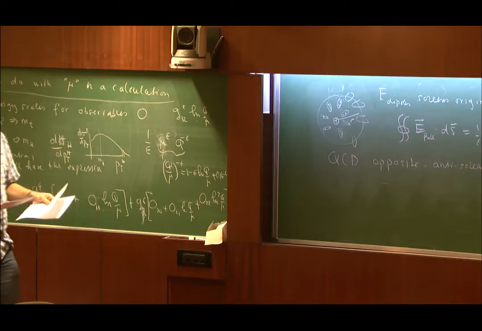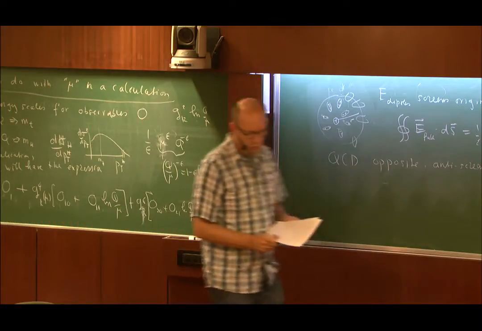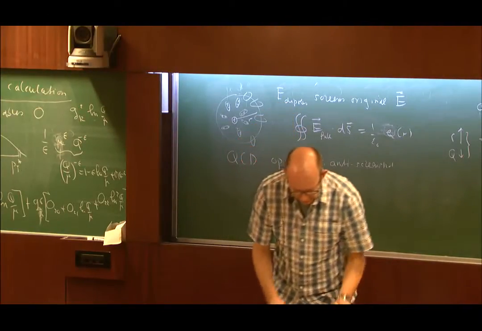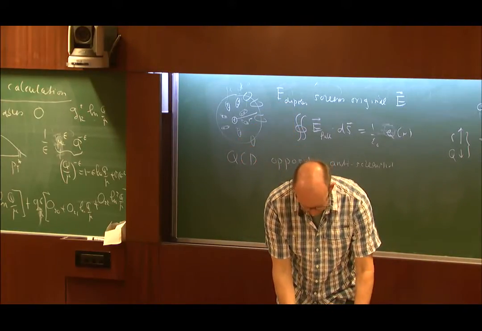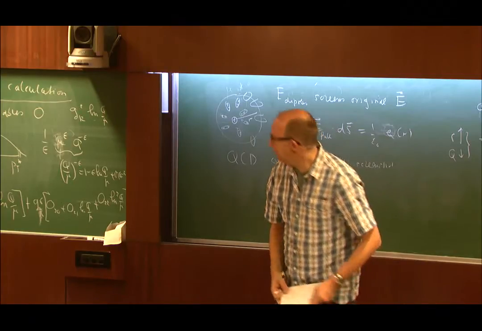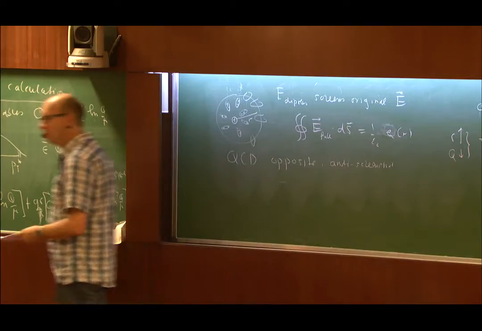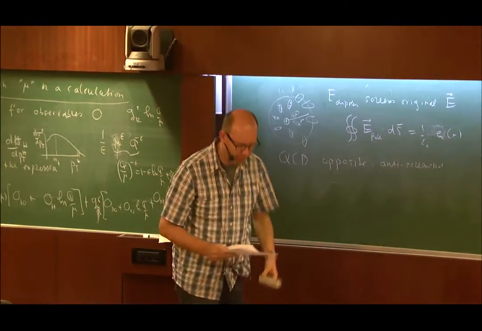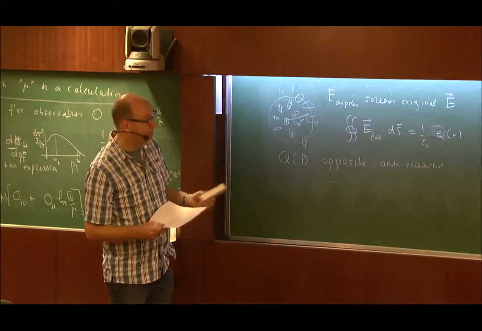Okay, so this is what I wanted to say about the scale choice. I'd like to return a bit to the renormalization group equation, and to solve it.